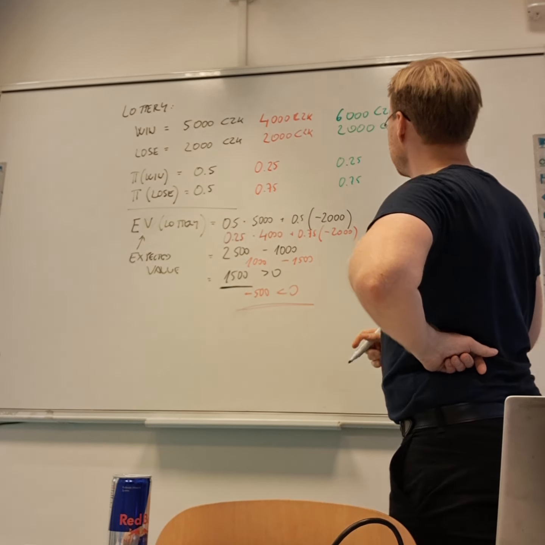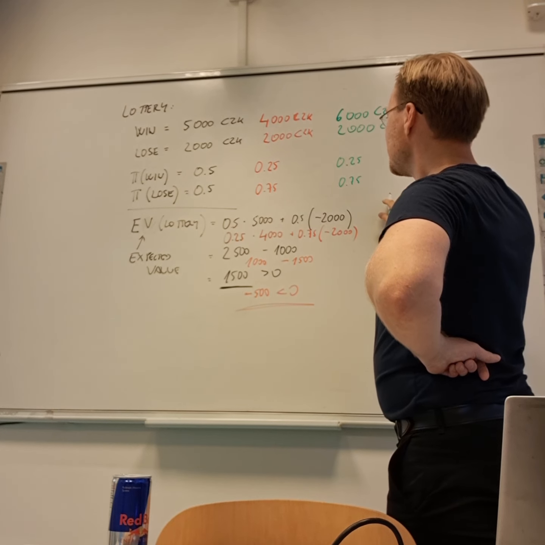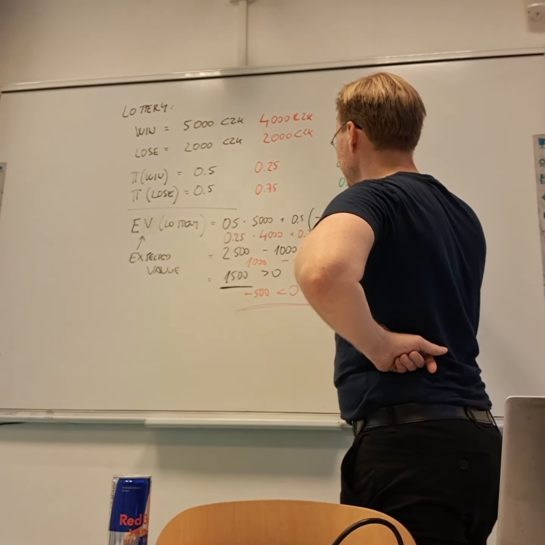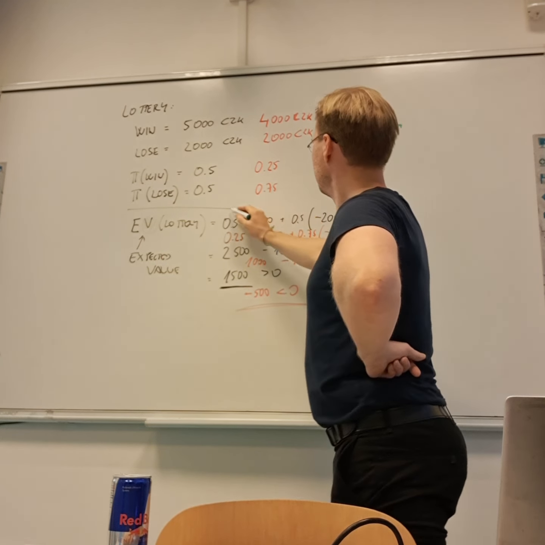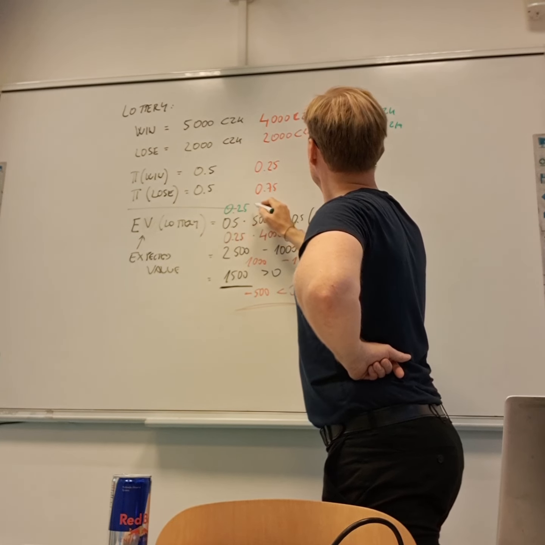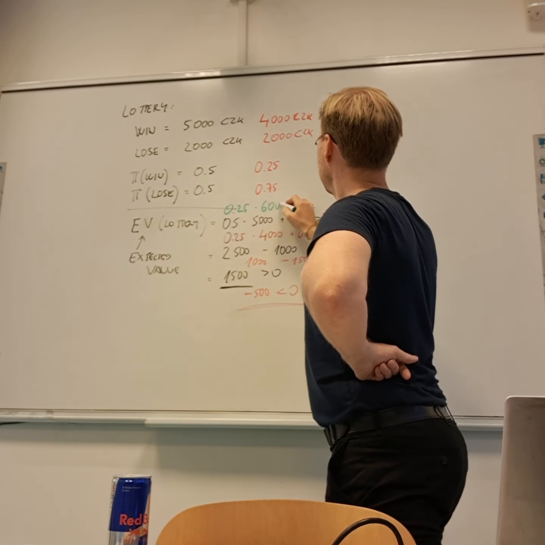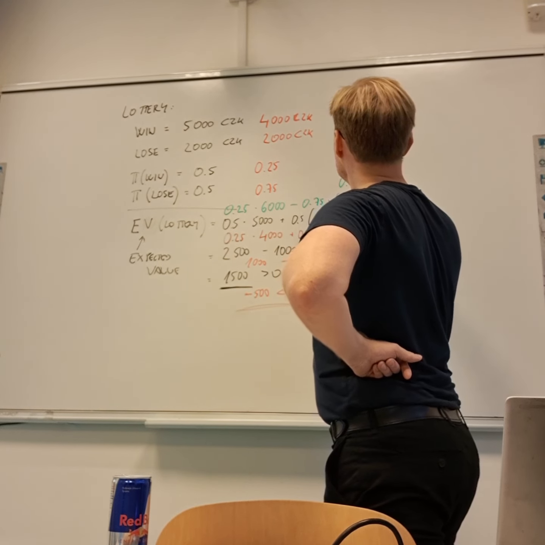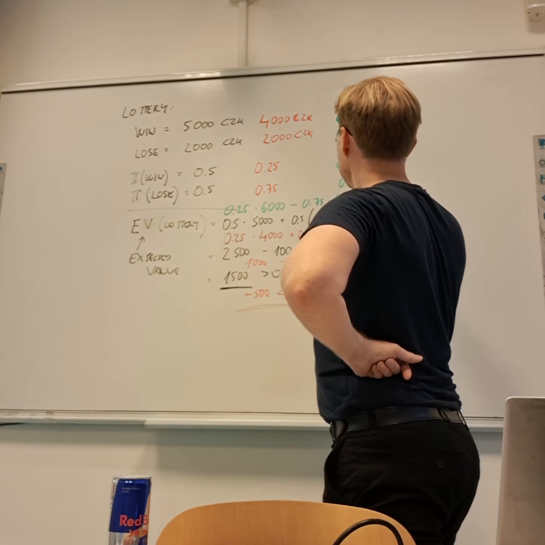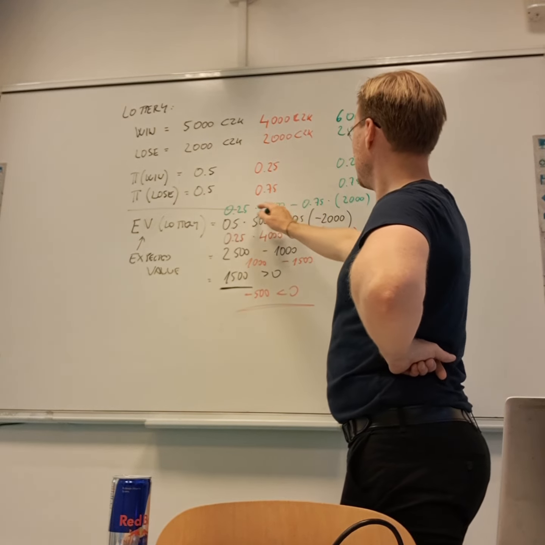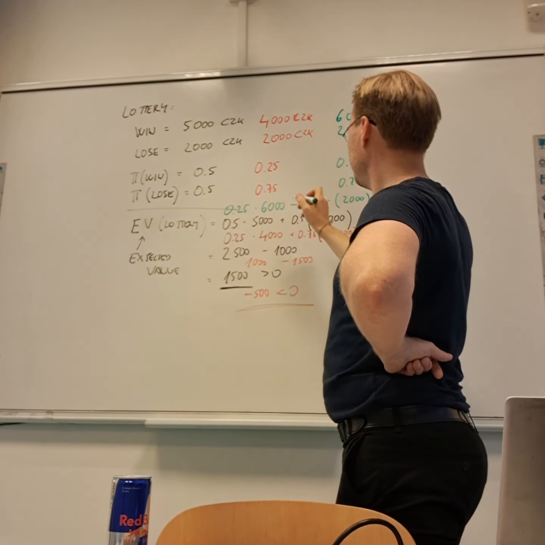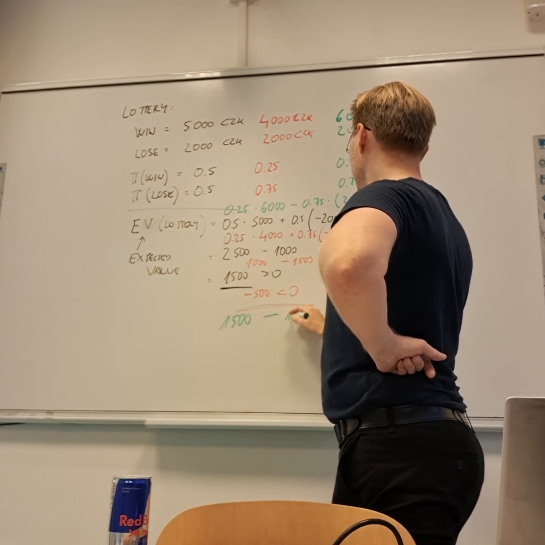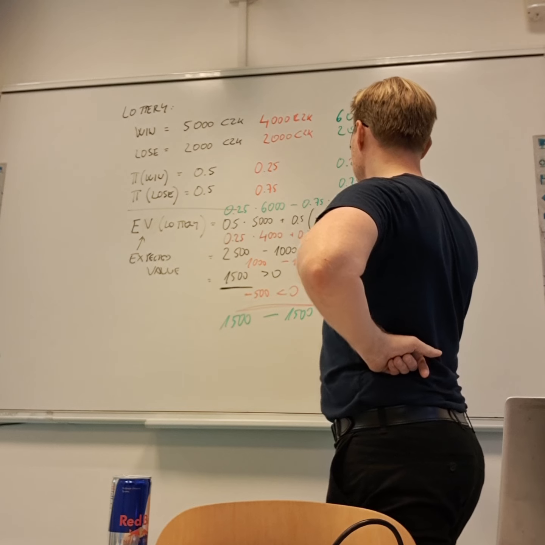In that case, the expected value of such a lottery would be 0.25 times 6,000 minus 0.75 times 2,000. It means it would be 1,500 minus 1,500, which means 0.